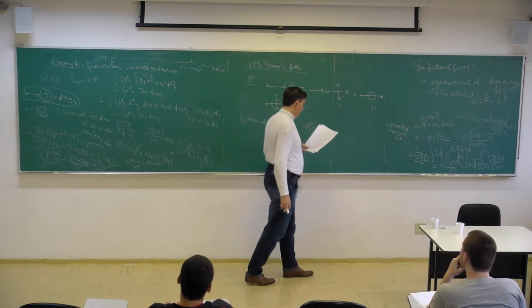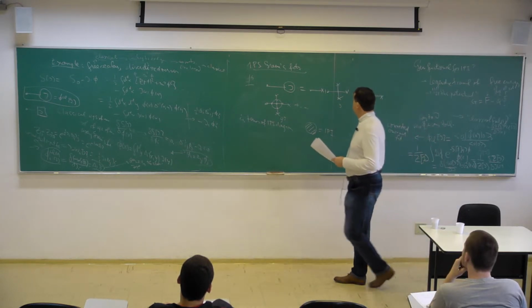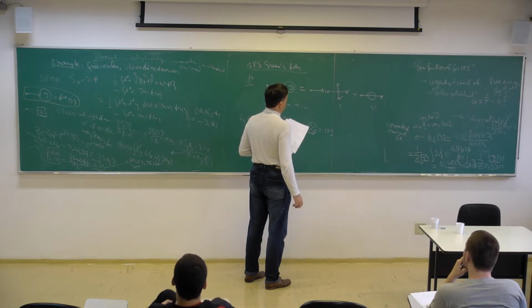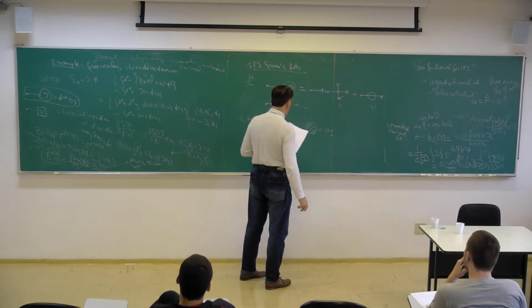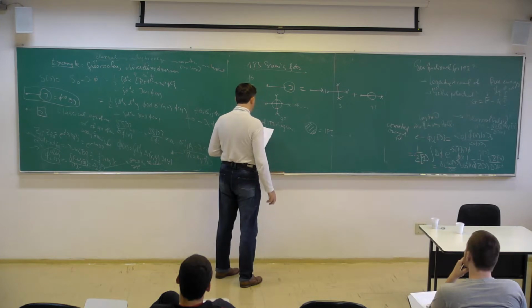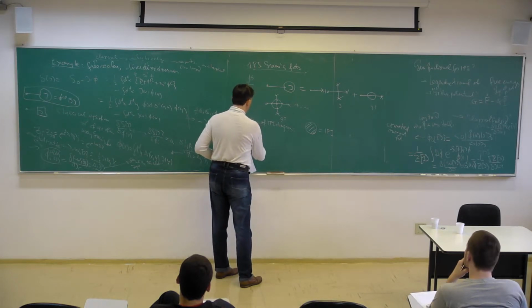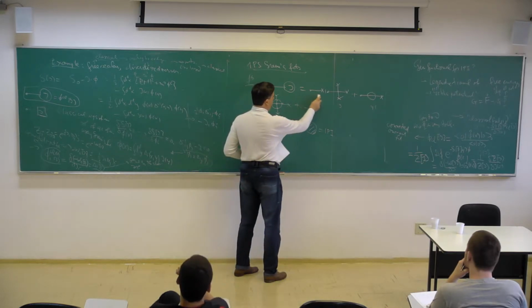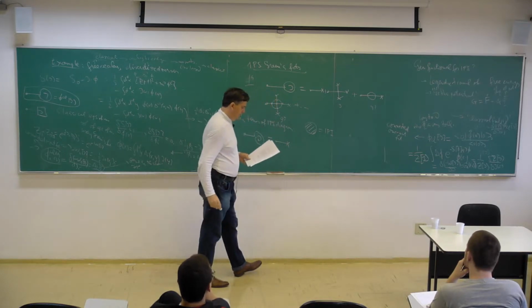So then I want to understand how to write this in terms of 1PI diagrams. Now, the first possibility is, well, it is what it is, it's the free one, right?